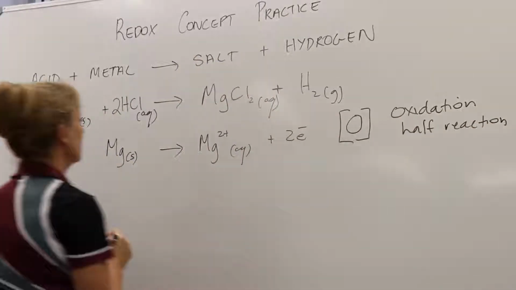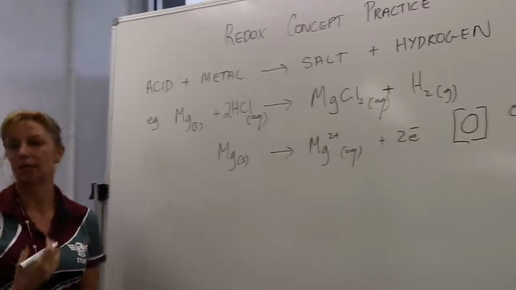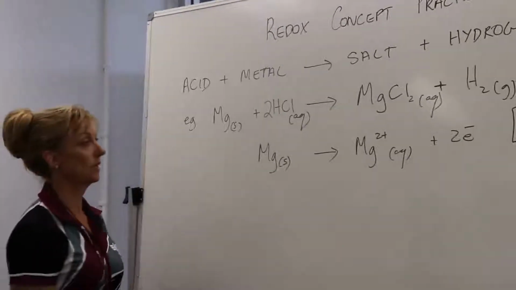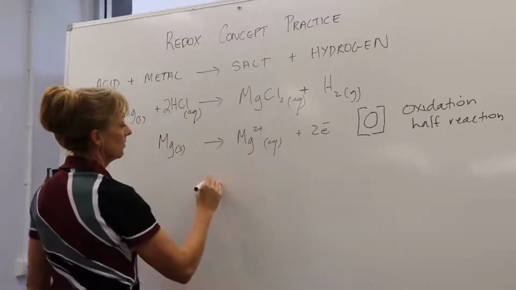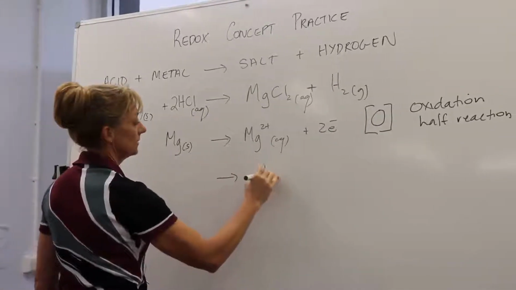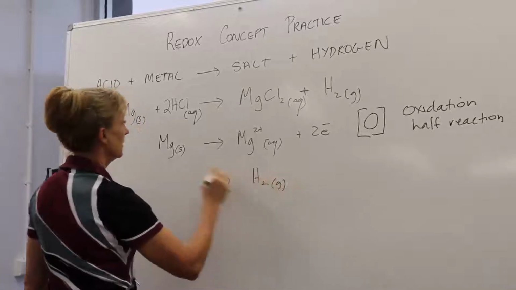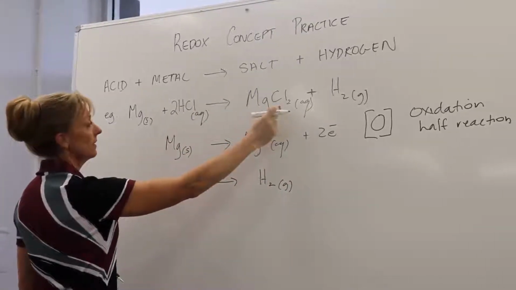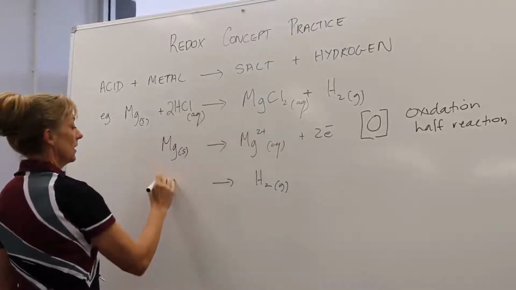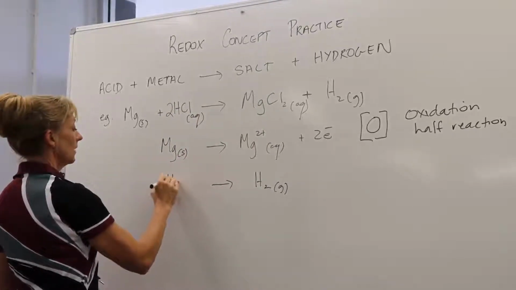And we need to work out what is gaining those electrons. I can see straight away that that's got no charge. So we're going to just write the hydrogen down for the gas. And then we're only concentrating... You can see chlorine's just a spectator. It's ions here and it's ions here. So we're going to write this down.